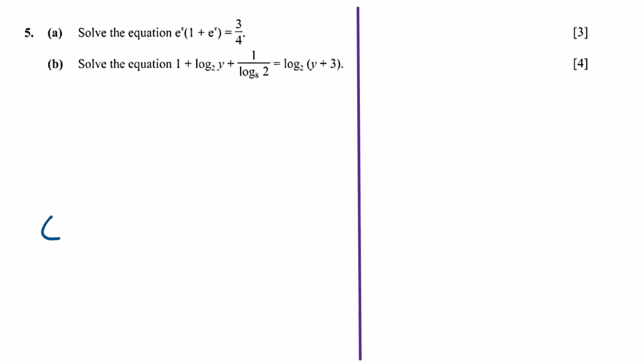Right, let's look at the last question. So the last question is 5a. Some of you may be very tempted to do it this way because you see e to the power of x, and we understand that e to the power of x is a good friend of natural log. So you may be very tempted to do this.